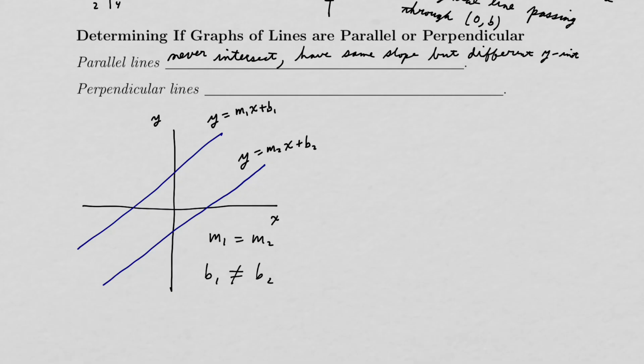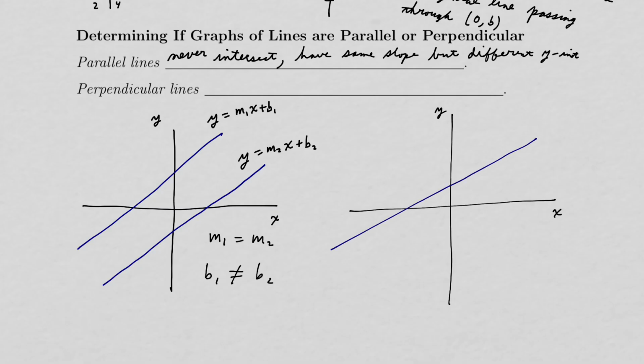All right, what does it mean for 2 lines to be perpendicular? In that case, they would intersect, but in a special way where they would meet at a right angle.